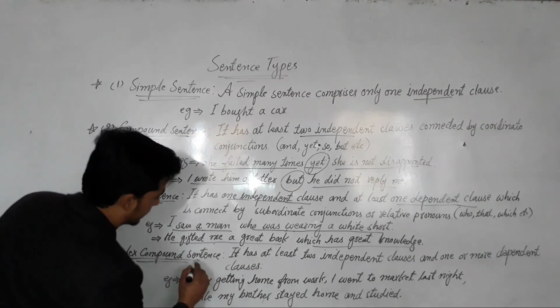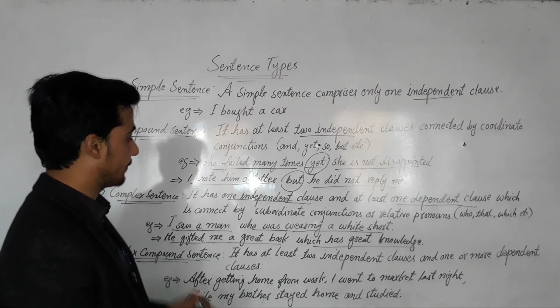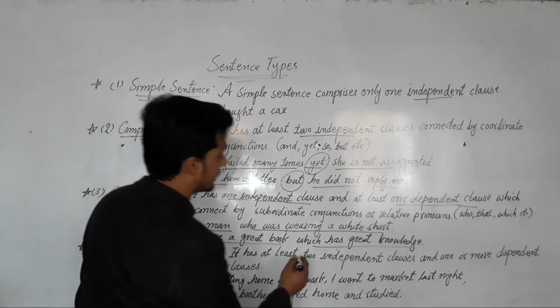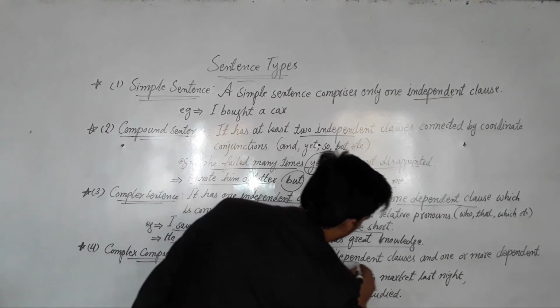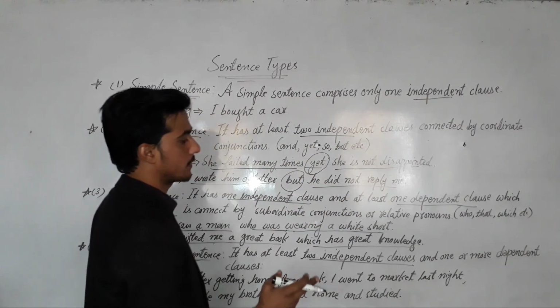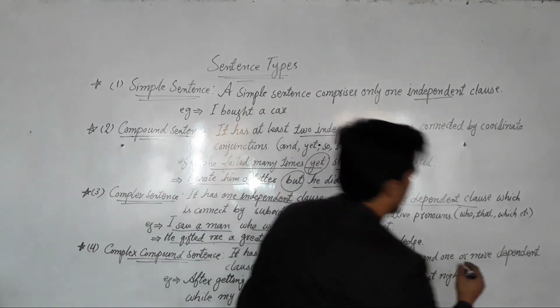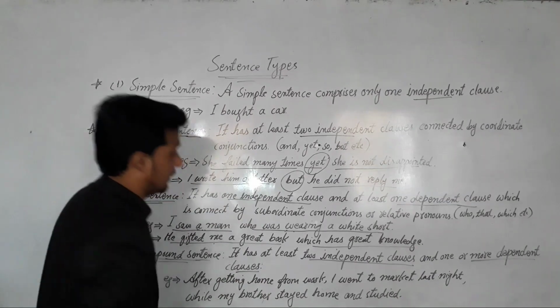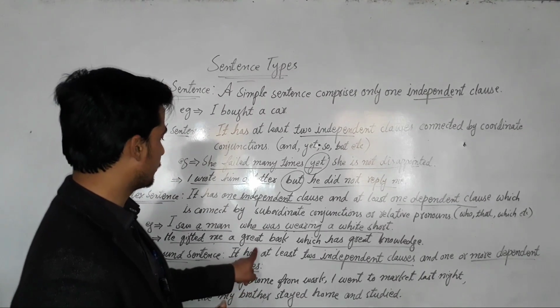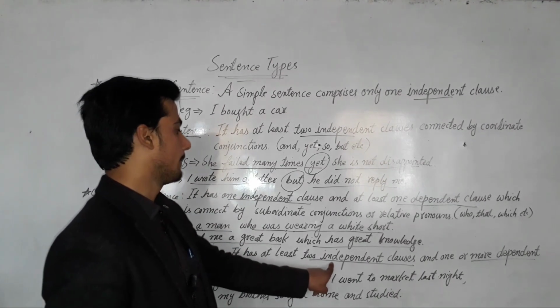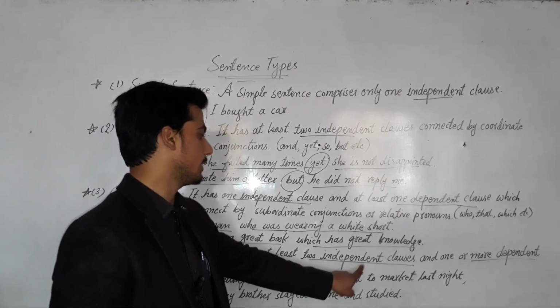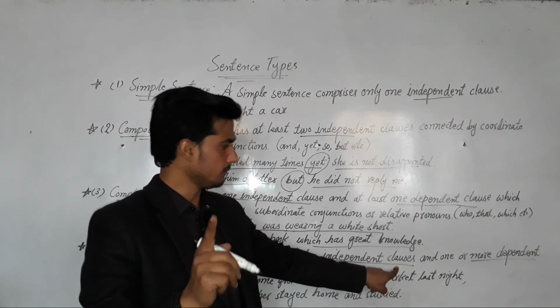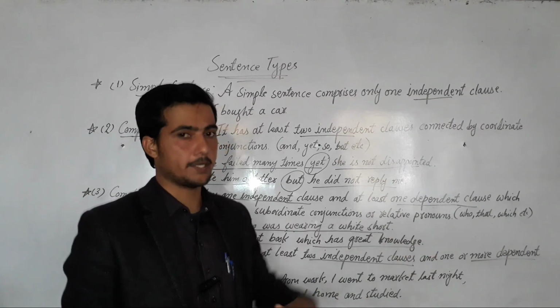Complex compound sentence. A complex compound sentence has at least two independent clauses and one or more dependent clauses. By the help of this definition we came to know that it will consist of two independent clauses and one or more dependent clauses.